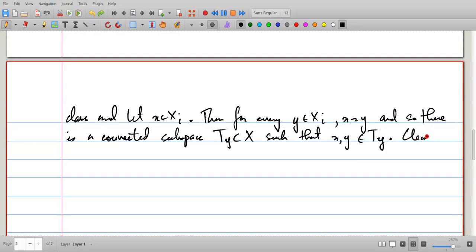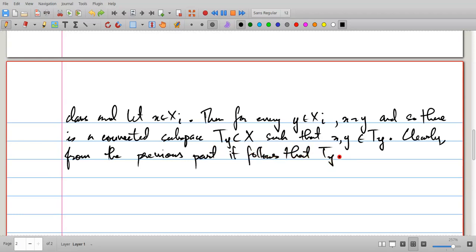So clearly, from the previous part, it follows that T_y is contained in Xi, and then that Xi is connected follows from the following variant.